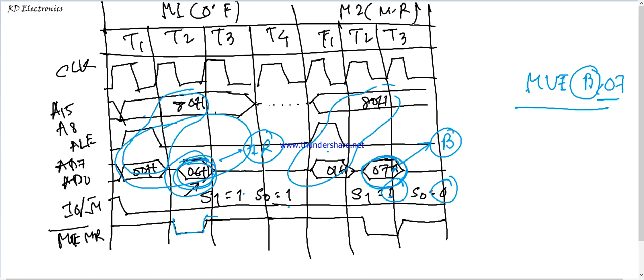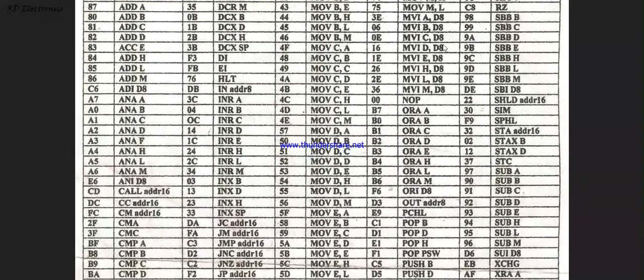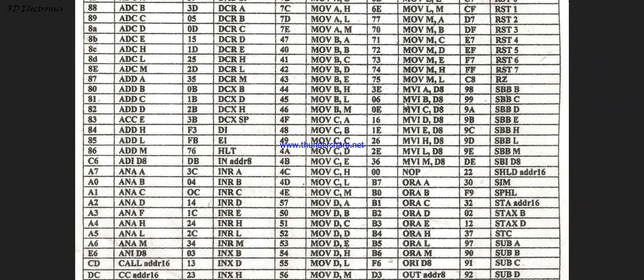So if we look at this chart, there are lots of MVI instructions: MVI B 06, MVI C 0E, MVI D 16. For different MVI operations, there are basically 8 registers in the 8085. MVI M is the HL pointer register.